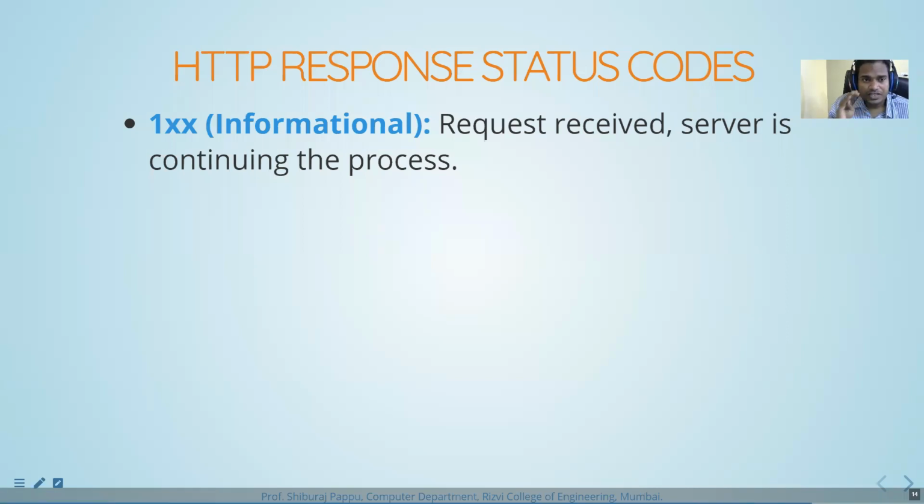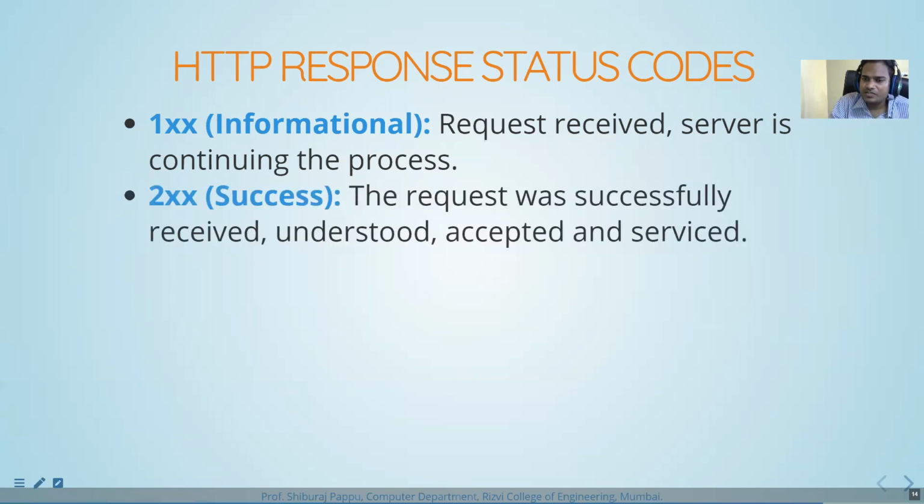In that case, you will be getting a response in the range of 1xx. That xx is numbers. There are various different status codes, and all the status codes are of 3 digits. Now this one series, normally we do not get anywhere. So let's go to the second one.